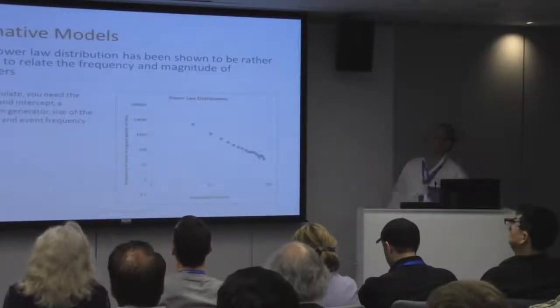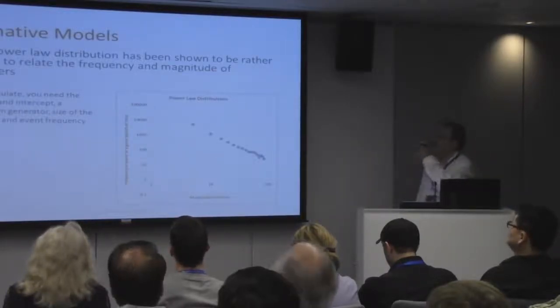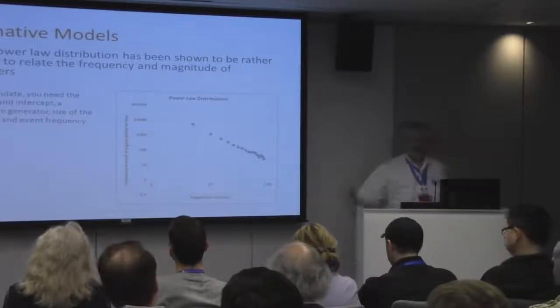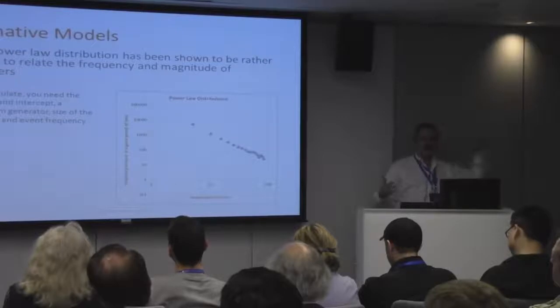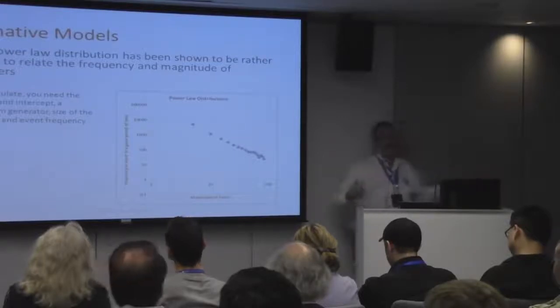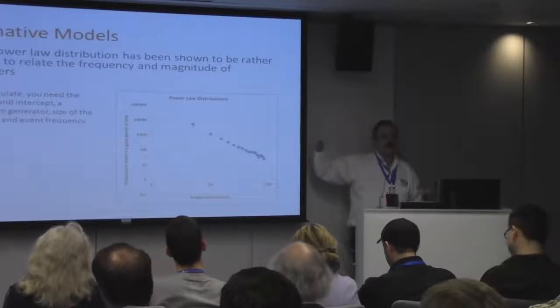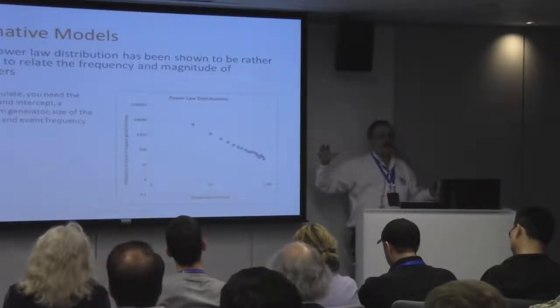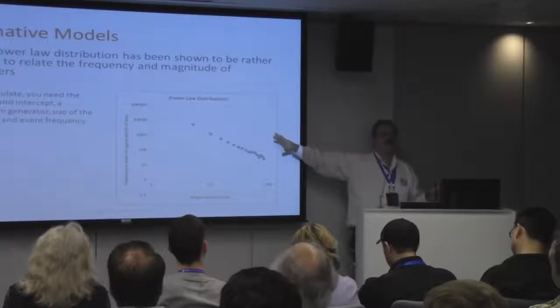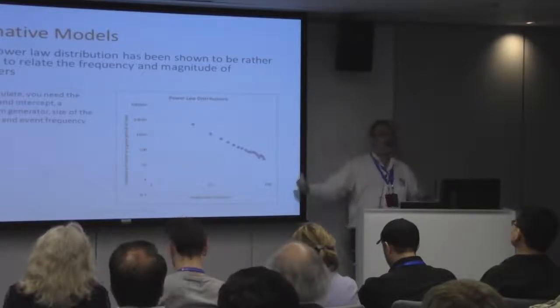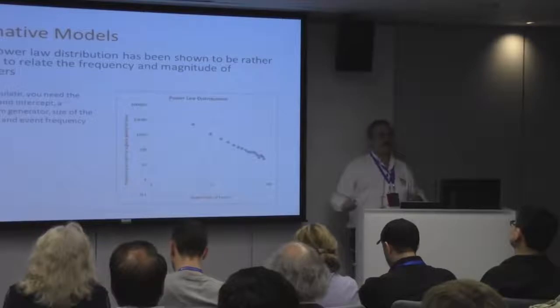An alternative model is to take a look at the power law distribution. In a power law distribution, you calculate the slope and the intercept using a random generator, the size of the event and the event frequency. This has been a great model for showing the frequency and the magnitude of disasters, and is often used to calculate hurricanes and earthquakes and the impact of those magnitudes.